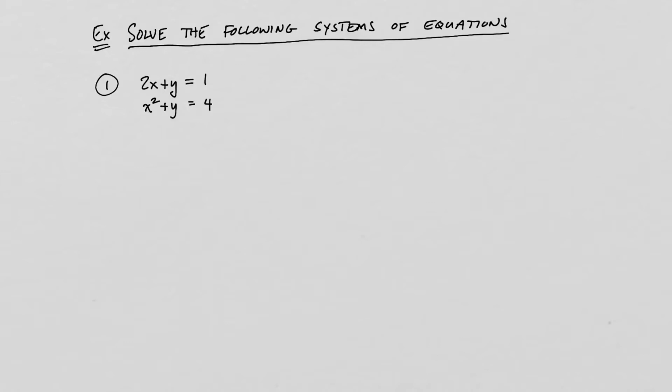In our first example, we have the equation 2x plus y equals 1. This is a line. And x squared plus y equals 4. This is a parabola.